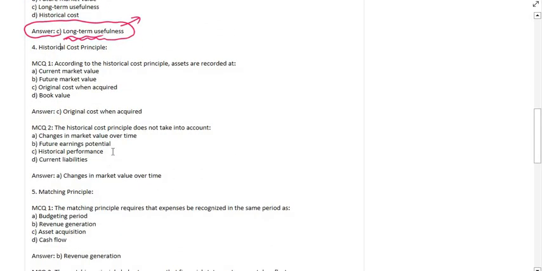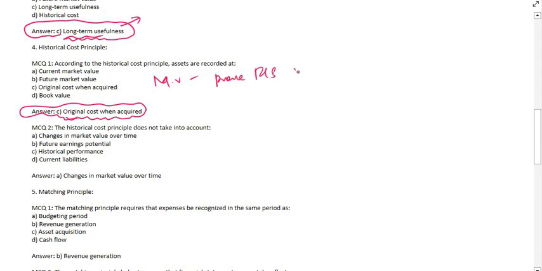According to the historical cost principle, assets are recorded at original cost when acquired, and subsequently we also measure the asset at original cost. We are not using market value, and this helps prevent the financial statement from overstatement.